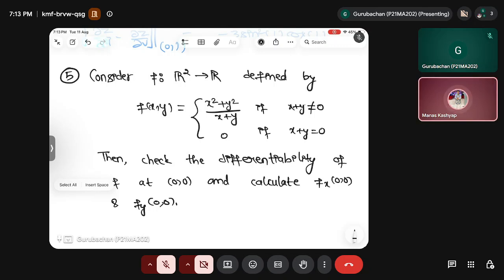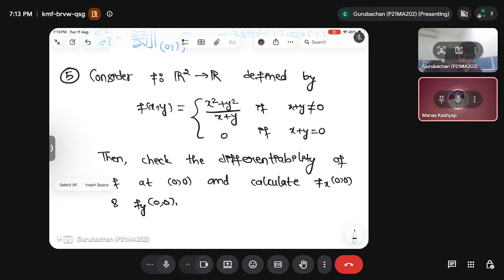Sir, fx at (0, 0) and fy at (0, 0) are equal to 0. So my bad, 1, 1. Okay. The necessary condition is fulfilled, but the sufficient condition is not. So we have to go to the limit definition or something else, sir?